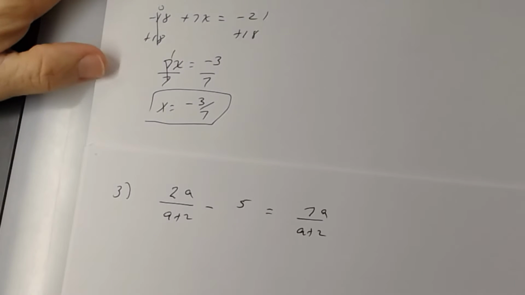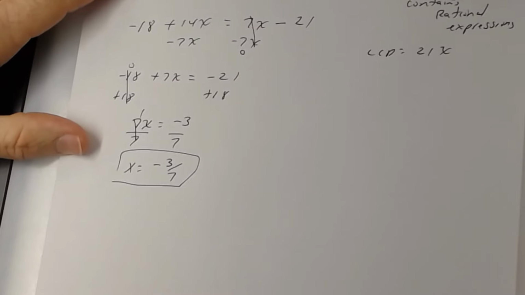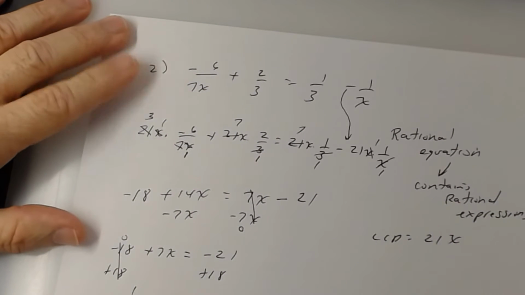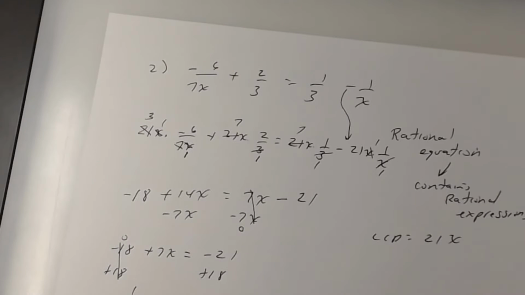Okay, now before I go on, remember these are rational equations, right? Whenever you deal with rational equations, you have to think of restrictions. You have to restrict any number that makes the denominator 0.